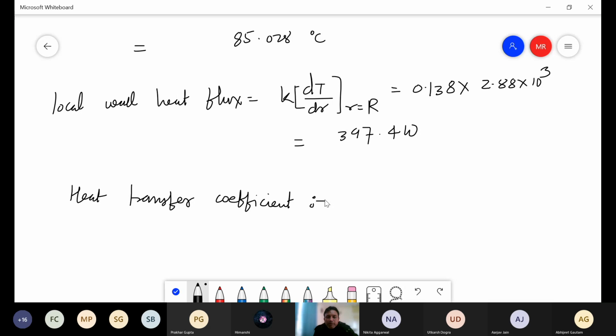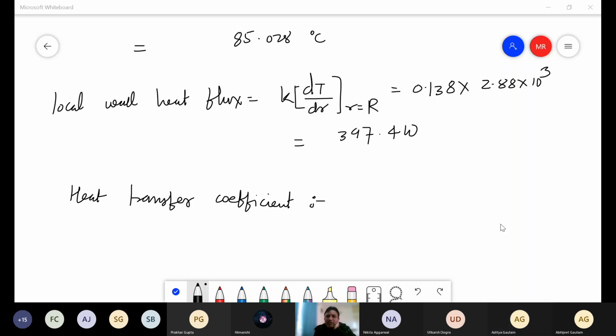Now what will be the heat transfer coefficient in this case? How are we going to calculate it? Anyone? So this flux divided by delta T. Heat flux divided by delta T.